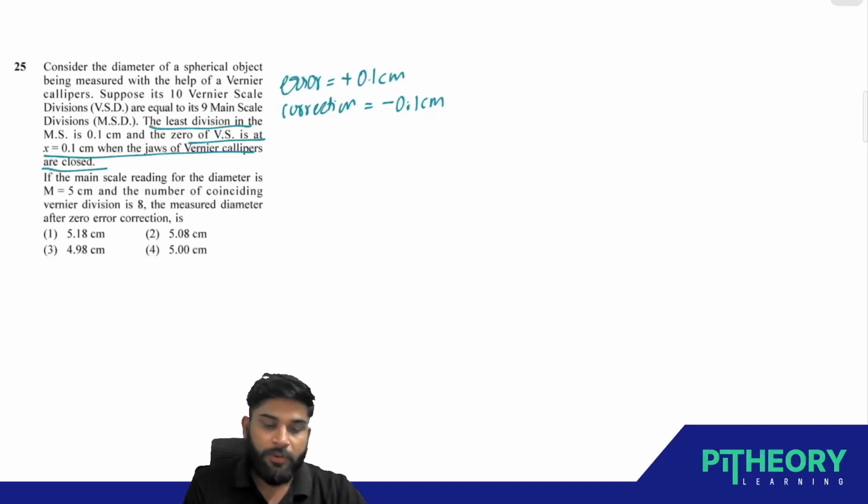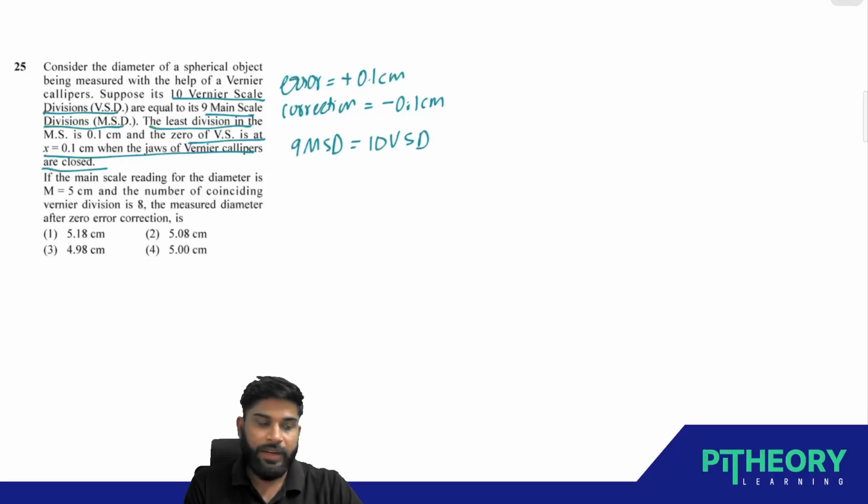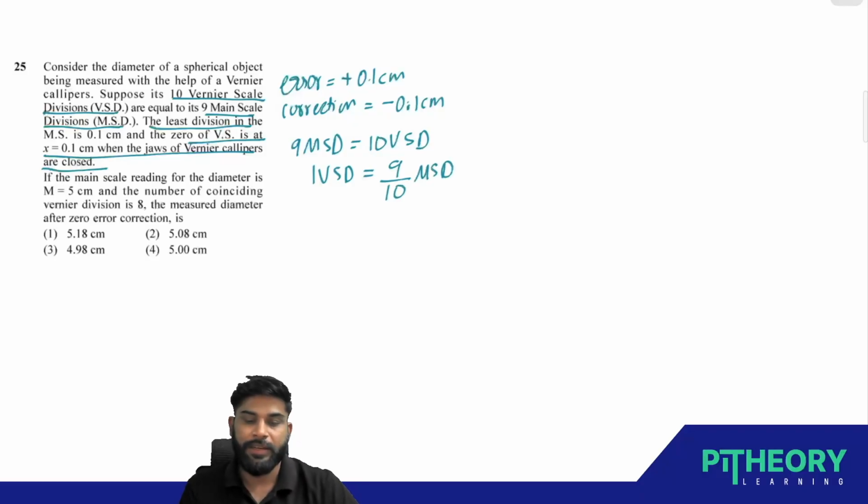So what is it that we have got here? We have 10 VSD equal to 9 MSD, correct? 9 MSD is equal to 10 VSD. So you can write 1 VSD, what will that be equal to? 1 vernier scale division is 9 by 10 main scale division. How do you find least count?